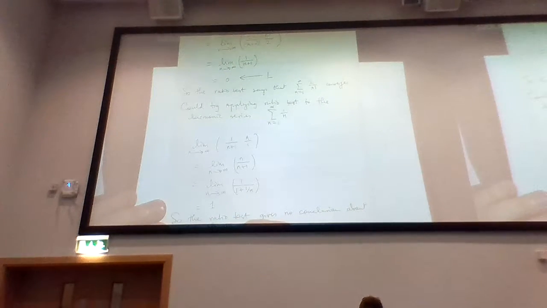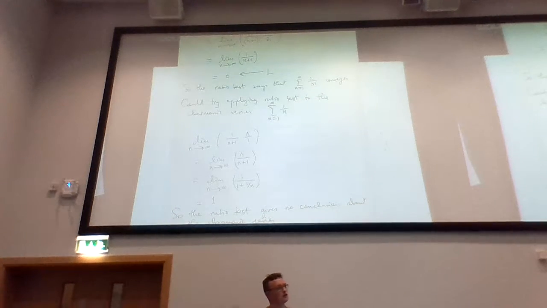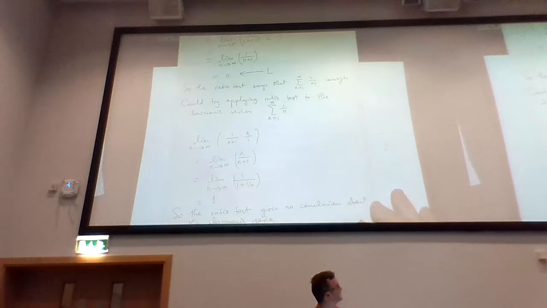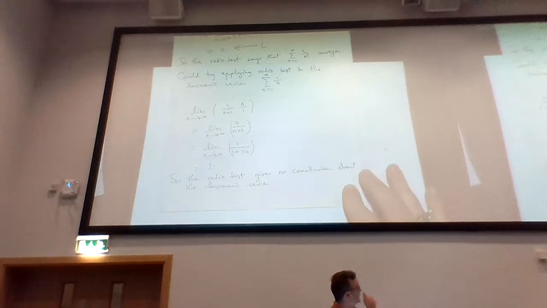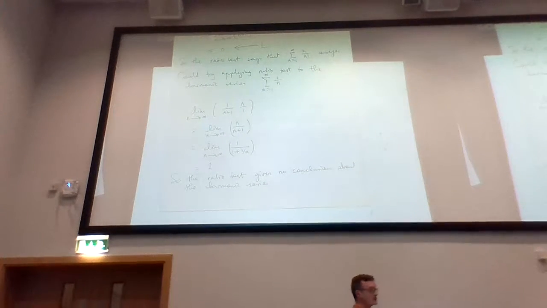I mean, it maybe gives a conclusion in the sense that it says you're very close to the border between convergent and divergent behavior, but we can't say exactly where you are. That's what the ratio test says about the harmonic series. No definite conclusion about its convergence or divergence.